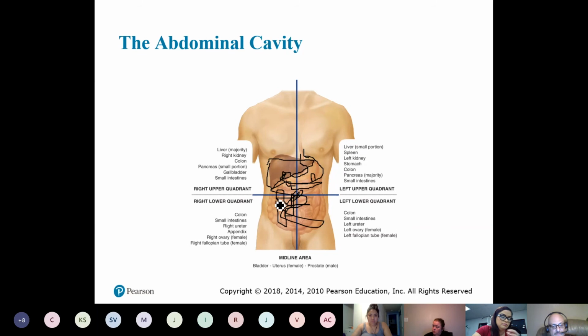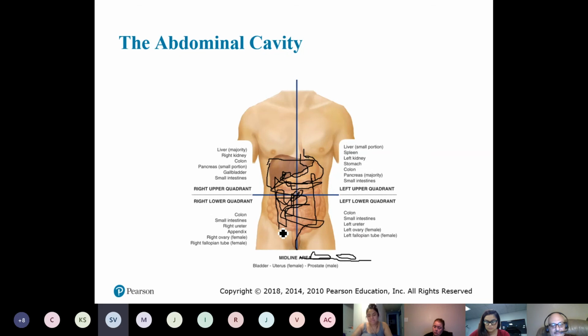So it goes up, goes across, goes down, and then it gets to the rectum, and then the anus.